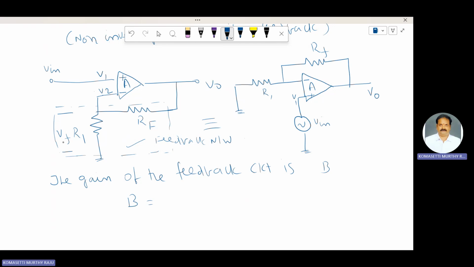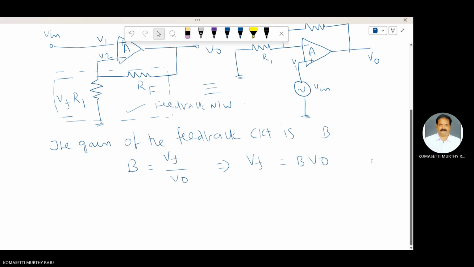B is equal to the ratio of output voltage to input voltage. Input to the feedback network is V0. Output of the feedback network is Vf. Therefore, Vf is equal to B into V0.